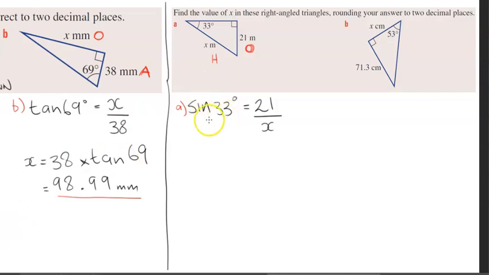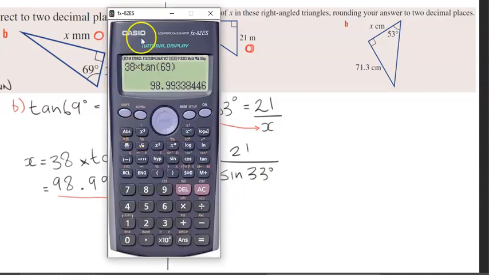What you need to do is swap the x for the trigonometric function. So when it's on the top, this gets times with it. When it's on the bottom, this gets swapped with it. In other words, x is equal to 21 over sine 33 degrees.